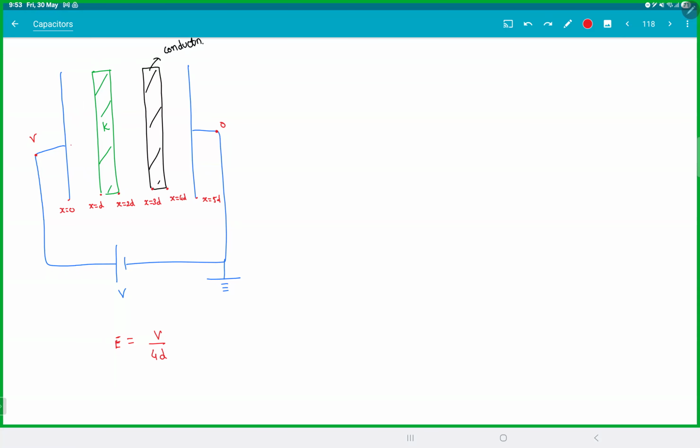Right? So here if the field is E, the field inside the dielectric is going to be E by K. Again here it is going to be E. Inside the conductor field is 0 and here it is again going to be E. Agreed? So the field is constant. These are infinite plates. So how will the graph look like?